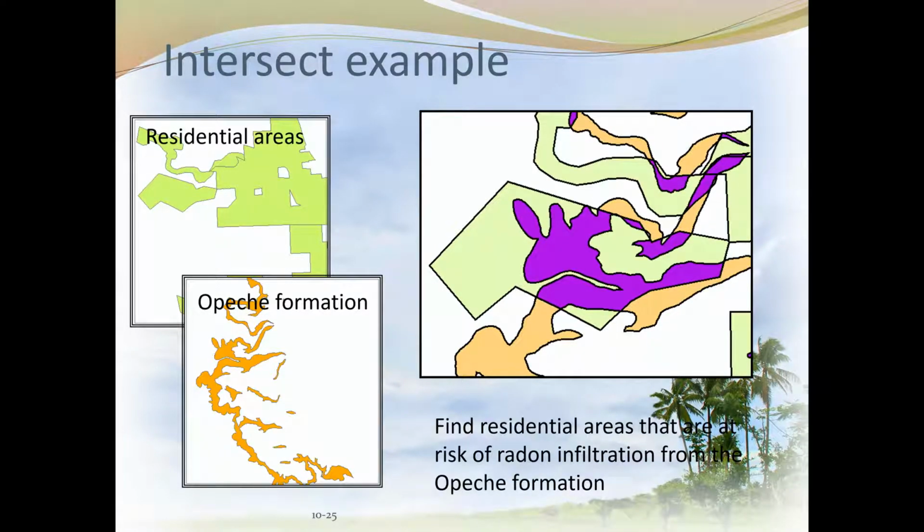And the intersect operation with two polygon layers is similar to a union, except that it only keeps the areas that are shared by both input layers. So this function provides a way to find out where two or more conditions hold simultaneously.